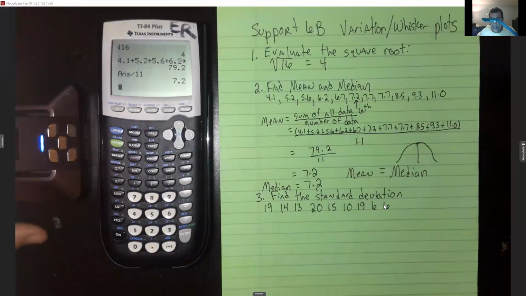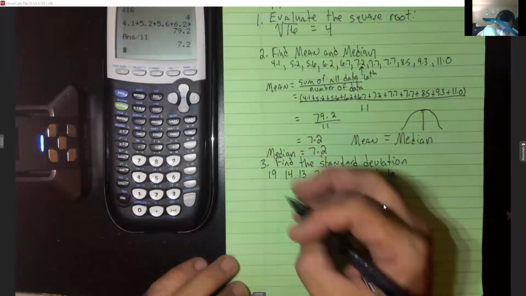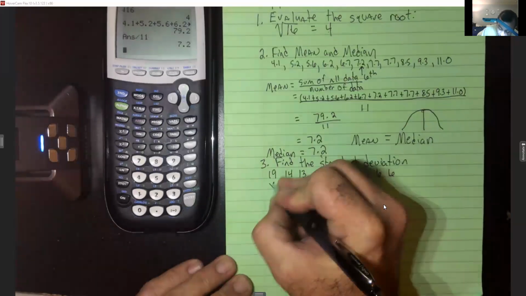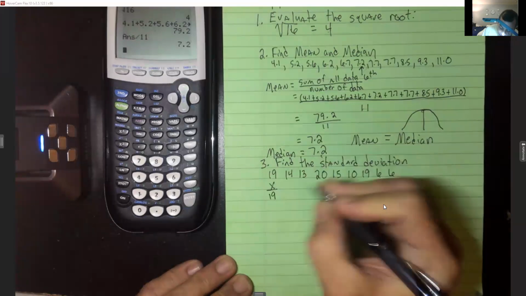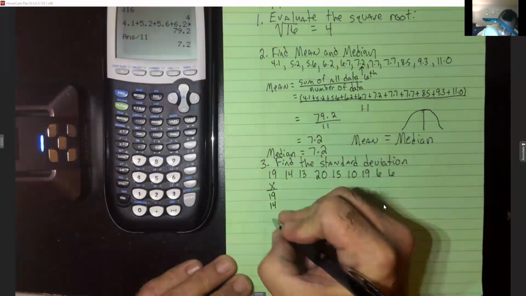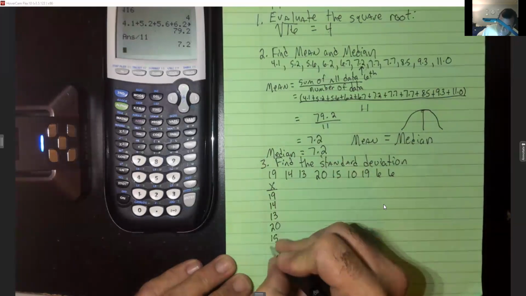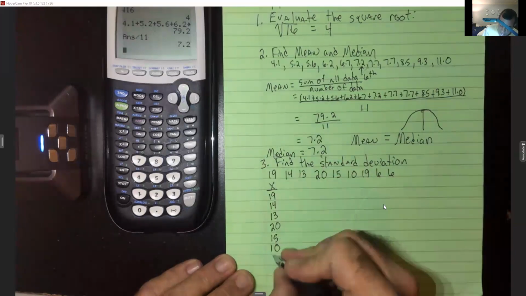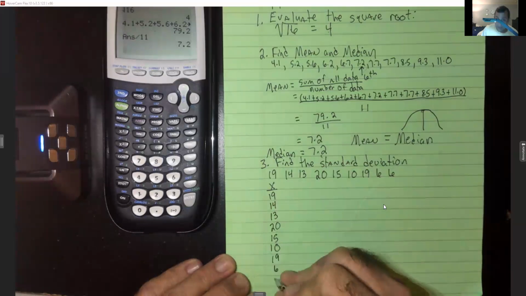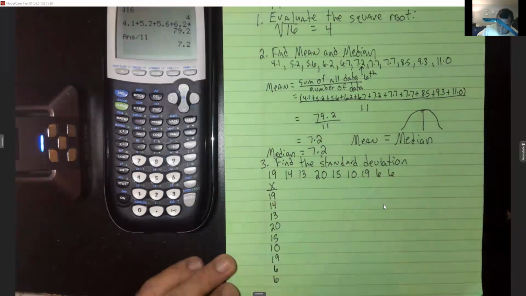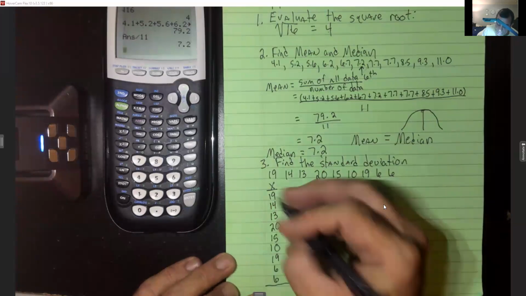So let me pull my camera down a little bit. I'm just going to line my numbers up there. These are going to be my X's. 19, 14, 13, 20, 15, 10, 19, 6, and 6. I'm going to draw me a little box here because those are my X's.